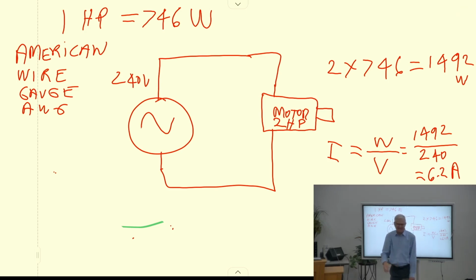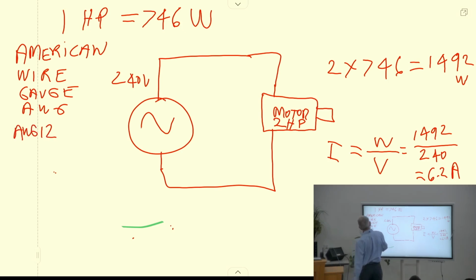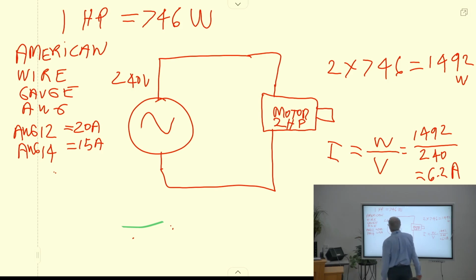I'm joking. You got 12. What's the rating on an AWG 12? What's the amperage rating? That's correct. AWG 12 is a 20 amp rating. Okay, what about an AWG 14? That's equal to a 15 amp rating, right? Okay. So will a 14 gauge wire work?